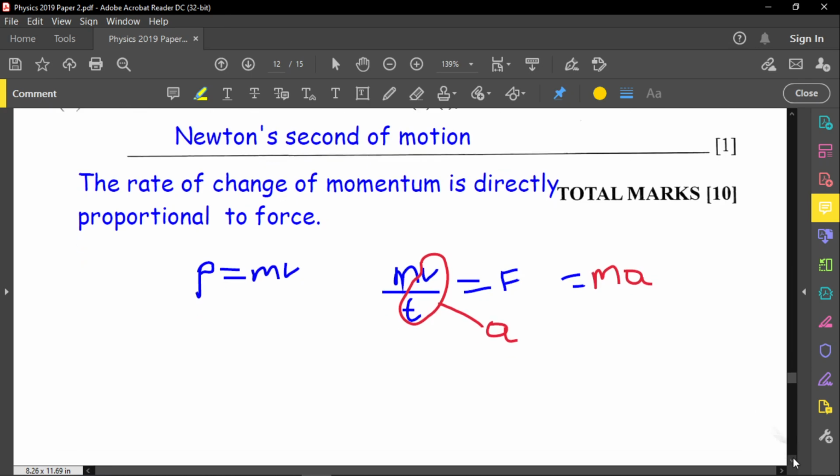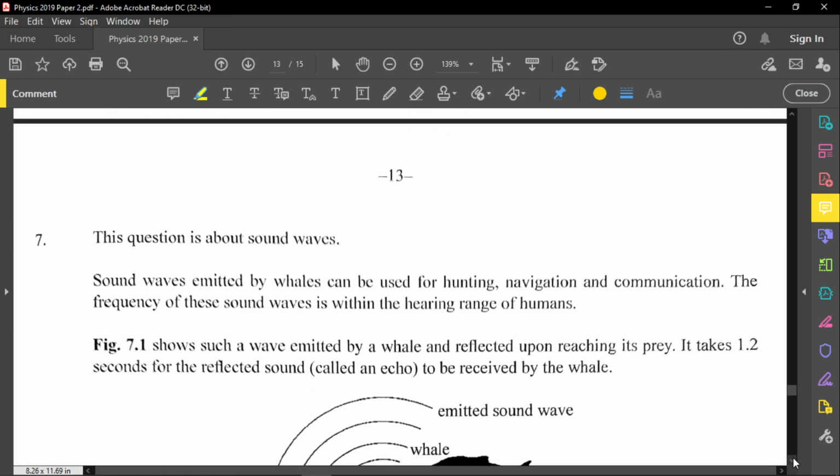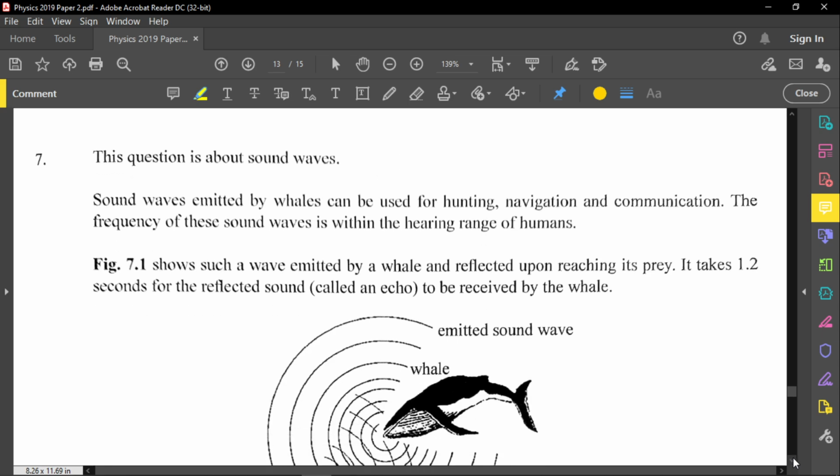Let's jump to the next question right here. Question number 7. We're almost there. This question is about sound waves. It says sound waves emitted by whales can be used for hunting, navigating, and communication. The frequency of these sound waves is within the hearing range of humans.